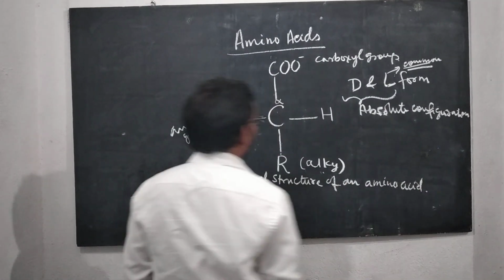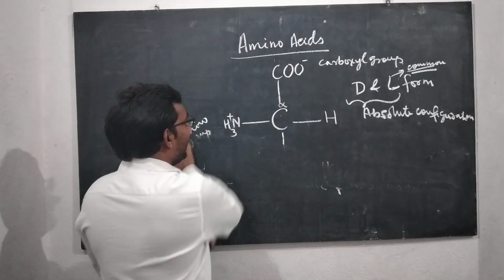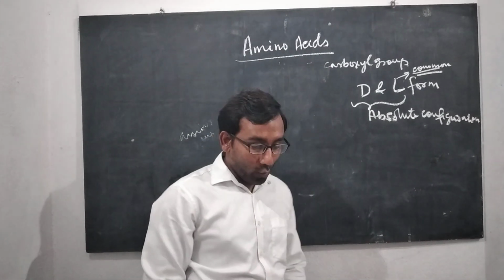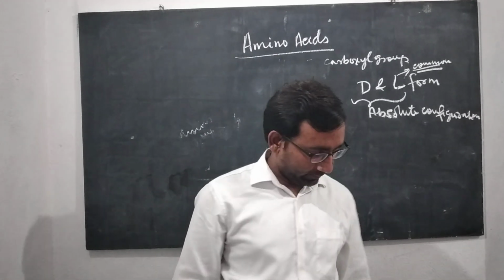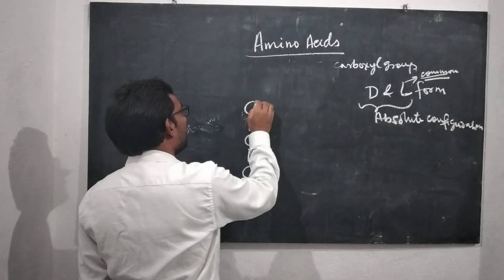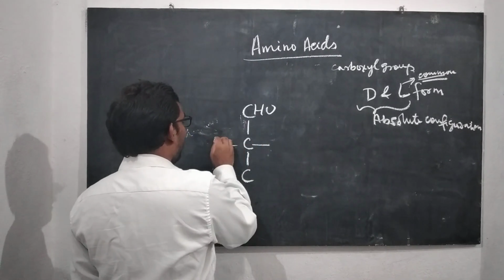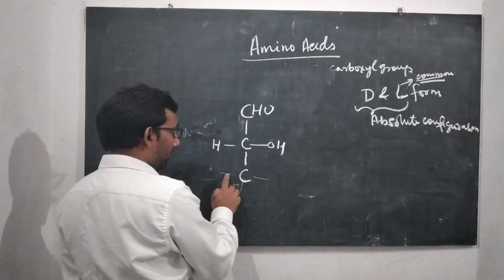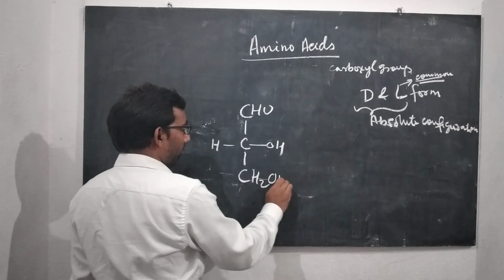So how do you know whether it is L or D? The L and D forms are based on the structure of glyceraldehyde. Here you add the CHO group, aldehyde, and at the bottom CH2OH.